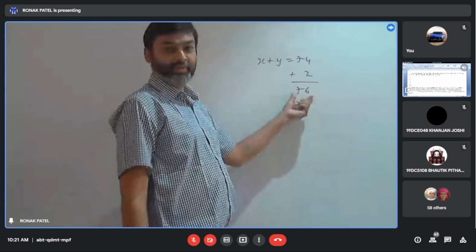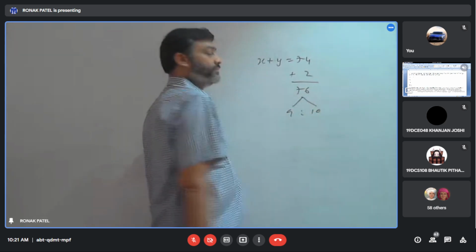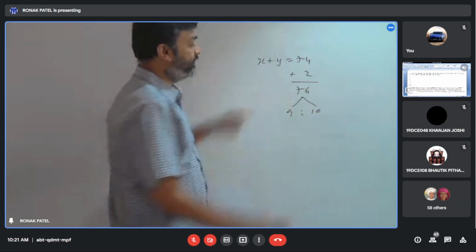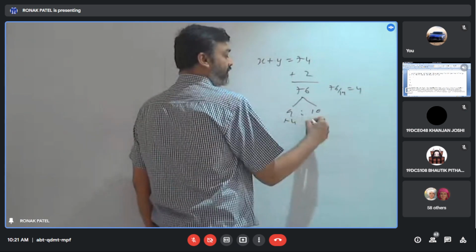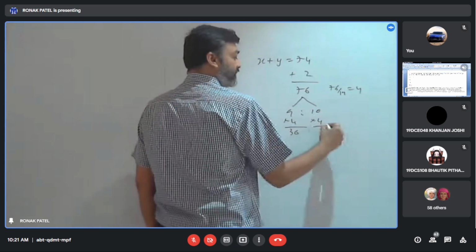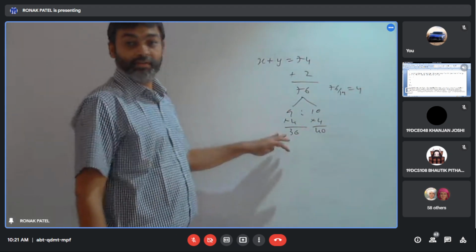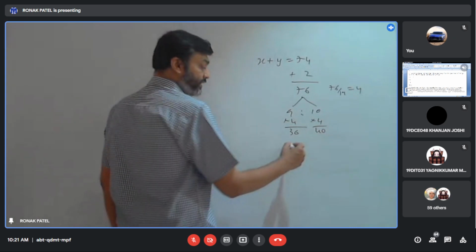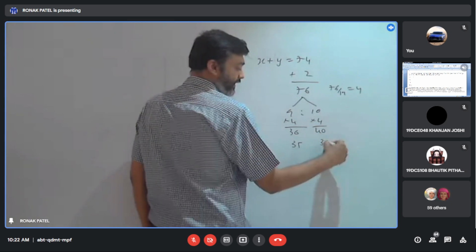Because after 2 years the age will be increased by 1 year each. So total will be 76. This 76, I divide in the ratio 9 is to 10. That means I divide into 19 equal parts. So 76, I do this all in my mind. So this will be 4, this will be 4. That means this is 36 and this is 40. Before a year, the age was 35 and 39.